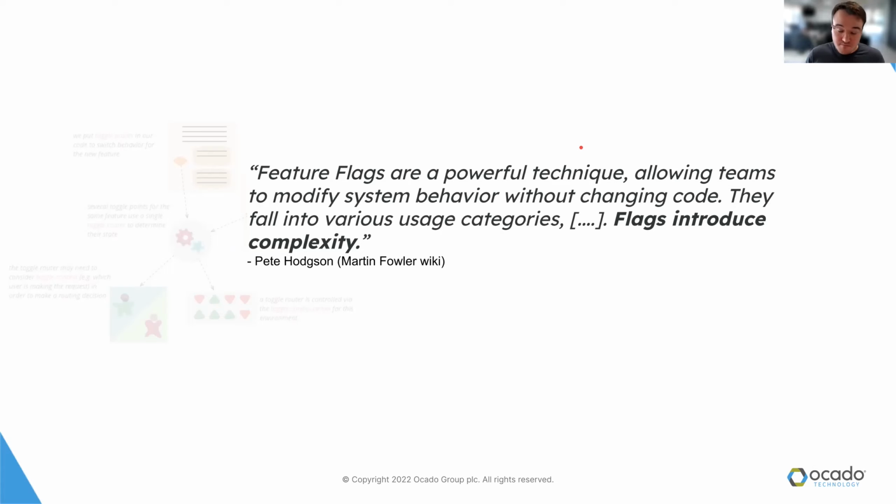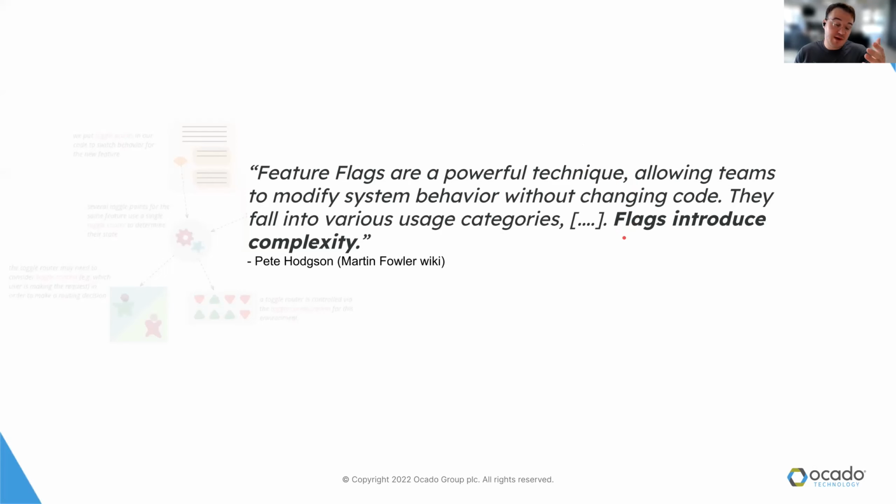So flags are used in a variety of ways. And it's really good. We use it extensively in payments. But the thing is that flags introduce complexity naturally. If you have multiple ways of achieving different behavior in the same code base, naturally you increase complexity.